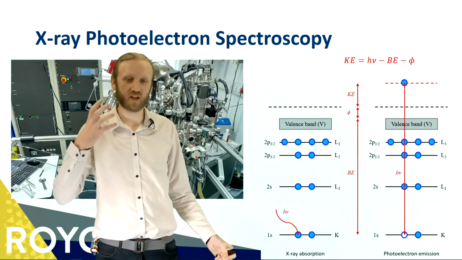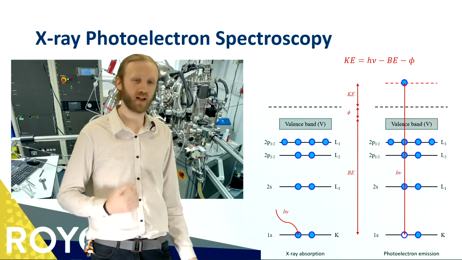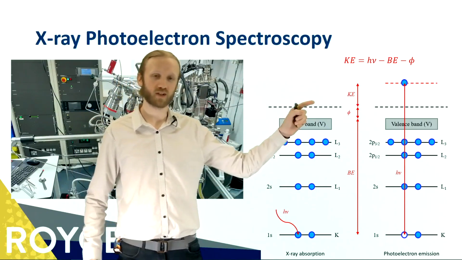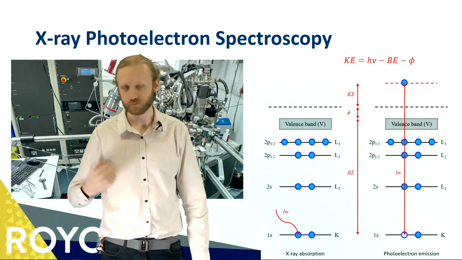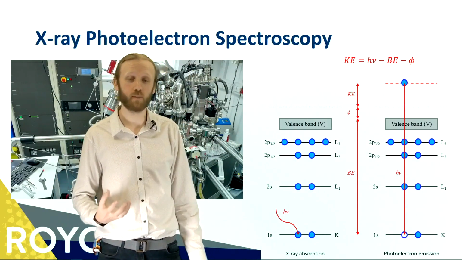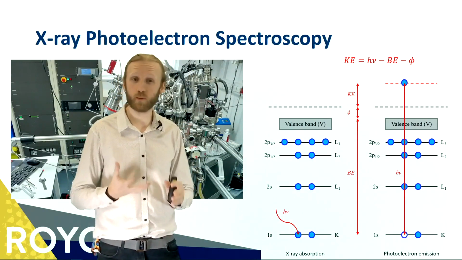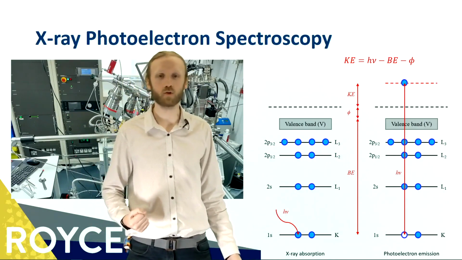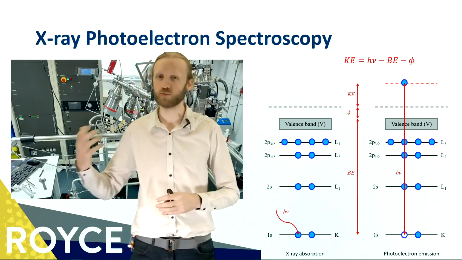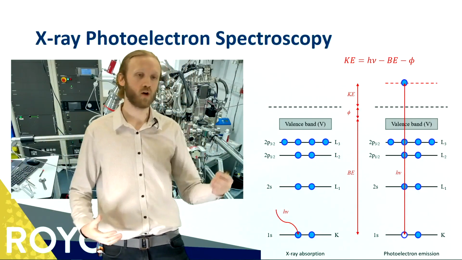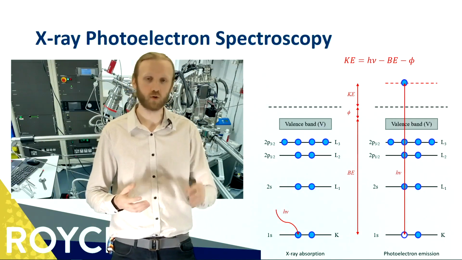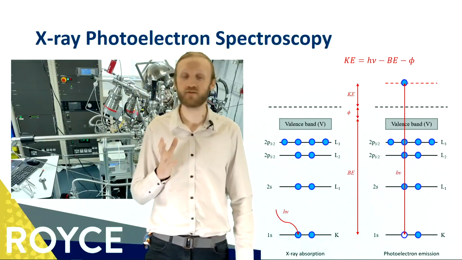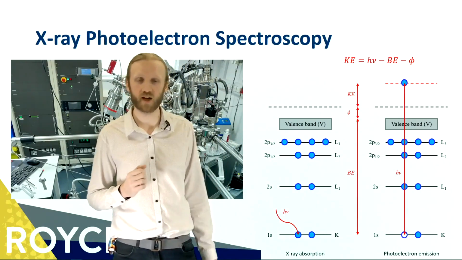This kinetic energy that we measure inside the hemispherical analyzer can ultimately be used to calculate what the binding energy was of the electron that absorbed that photon. By finding out that binding energy, we can work out what chemical species generated that photoelectron. So we can tell the difference not just between elements such as carbon, oxygen and fluorine, but we can find the difference between carbons bound to fluorines and other carbons. So it's a really valuable tool in the arsenal of battery chemists.